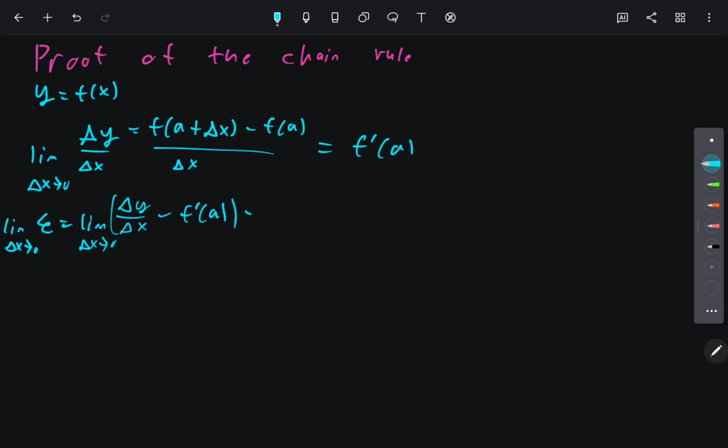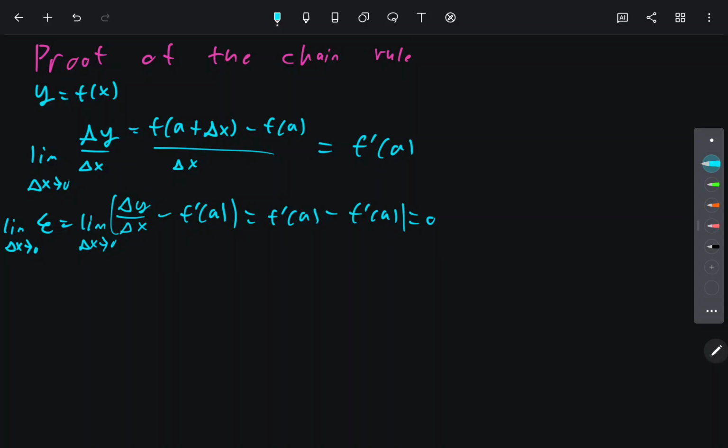And this is going to give us, because this change in y over change in x is quite literally just f prime of a, f prime of a minus f prime of a. So this goes to 0.